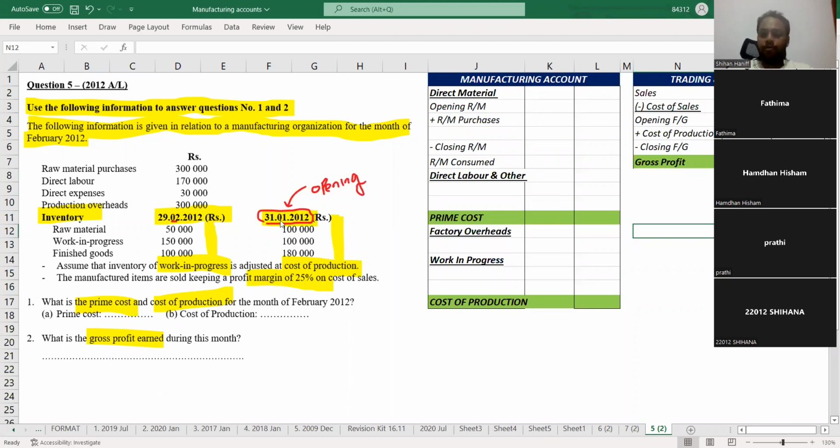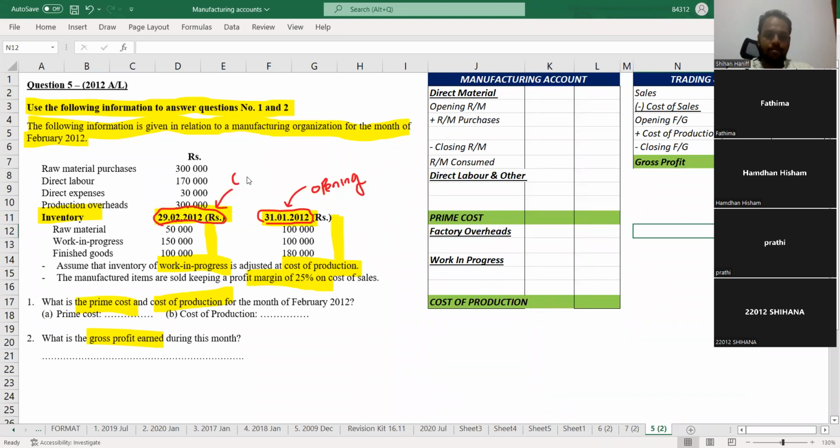This is 31st January. This is 29th February. So this is the closing stock. This is closing.